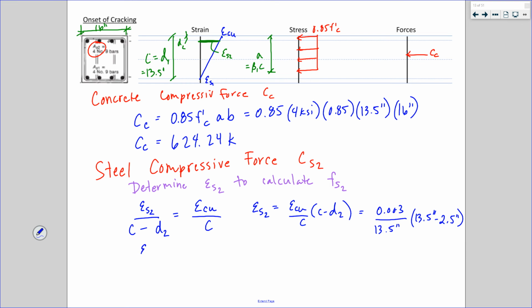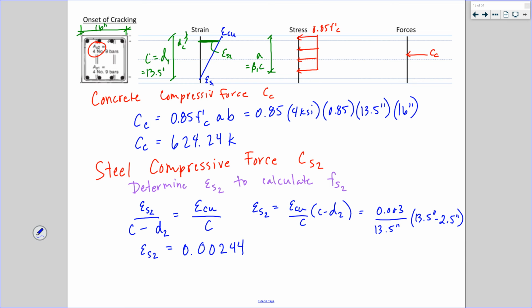So my strain in my compression steel is 0.00244.